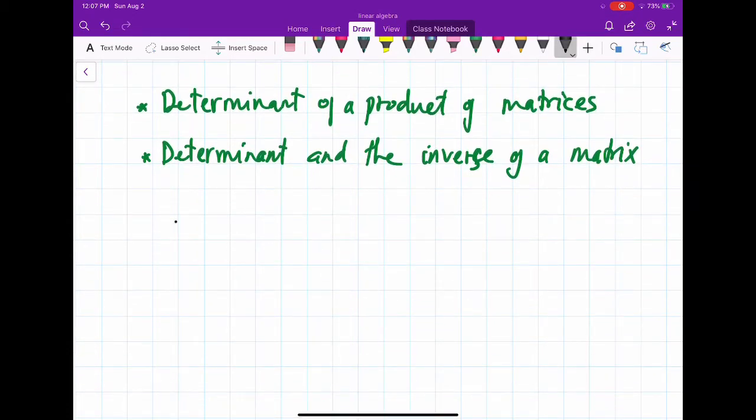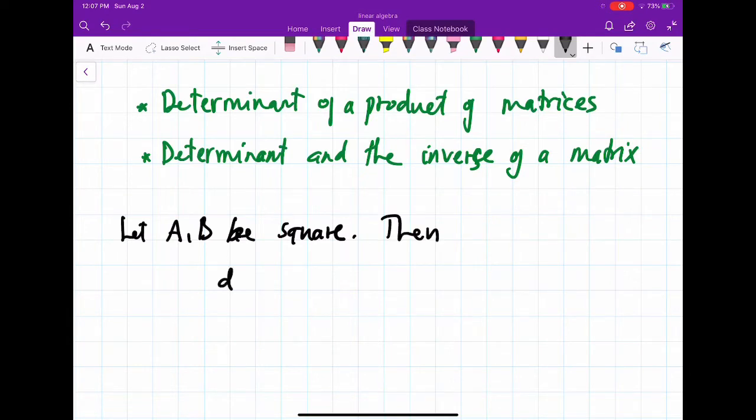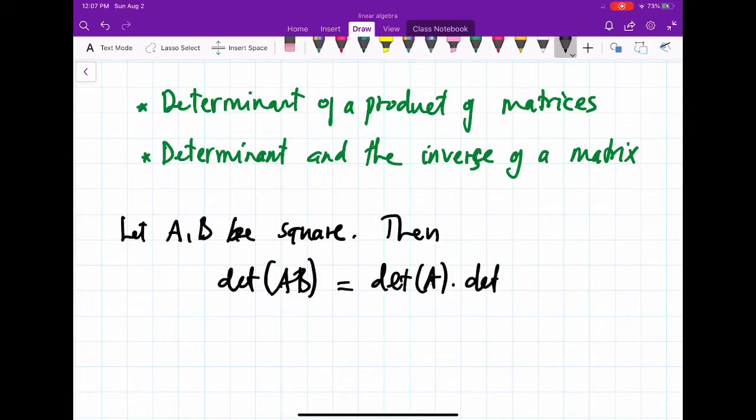Suppose that you have two matrices A and B of the same size, of course, and you can find the determinant of AB, which is equal to determinant of A times determinant of B. This means the determinant of a product is the product of determinants.